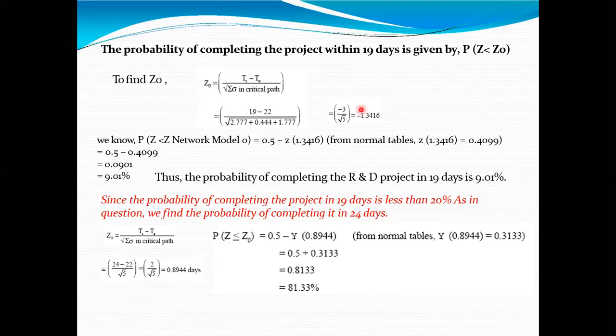Once you find this Z value, minus 1.3416, please remember this value very carefully. Forget about the minus sign, keep the minus sign as it is. 1.3416, this value is there.